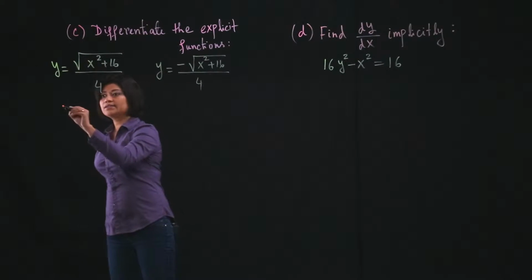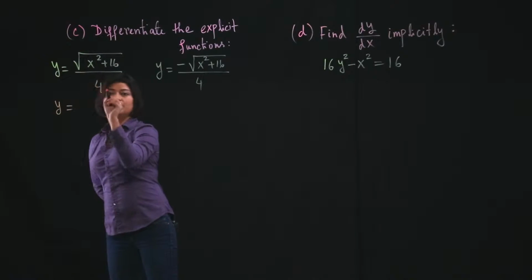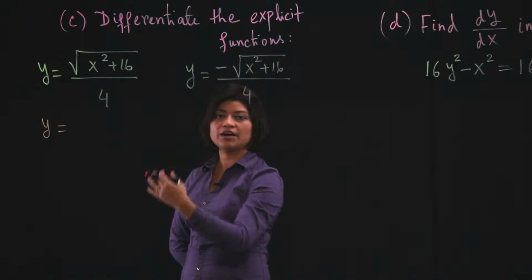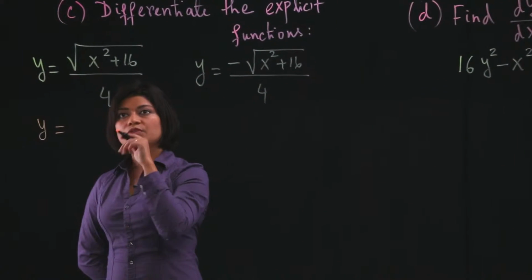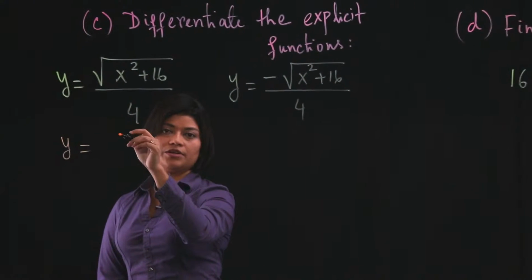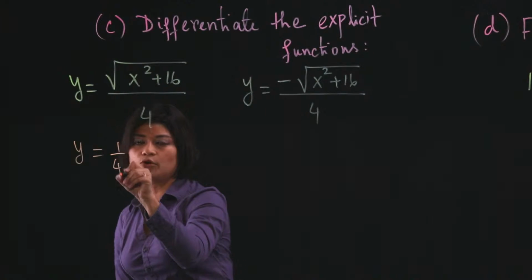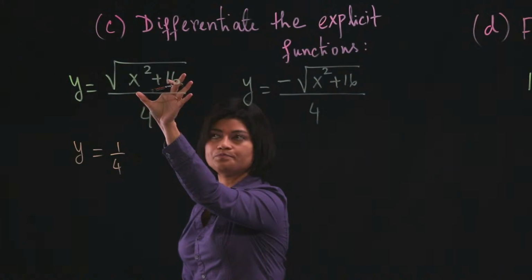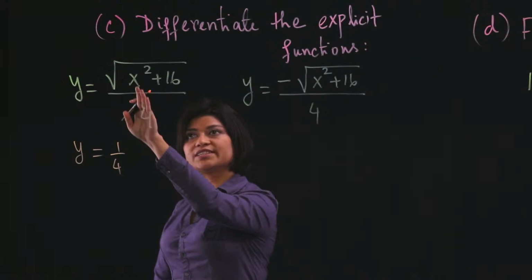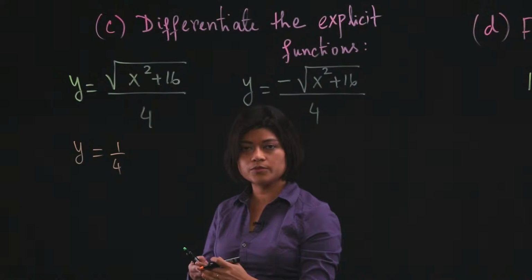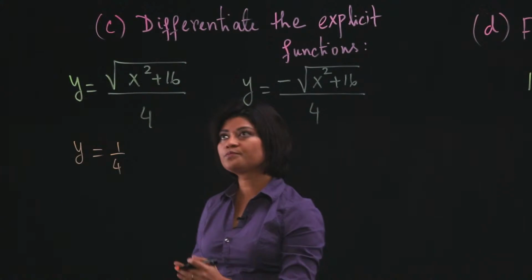We just directly evaluate its derivative. But before we do that, let us rewrite the function a little bit so we know which rules of derivatives we have to use. So note that this 4 in the denominator is just a constant. So you can write it as 1/4 times the square root. But we should not just keep it as square root. We should actually change it in the exponent form so that we can use the power rule.